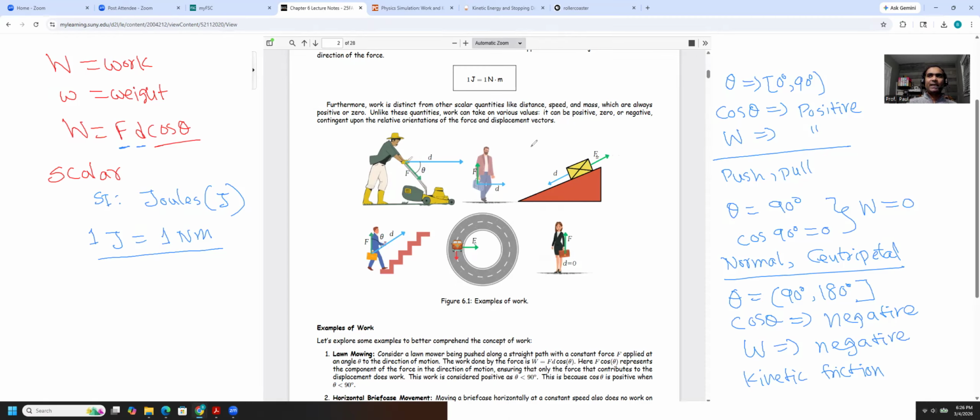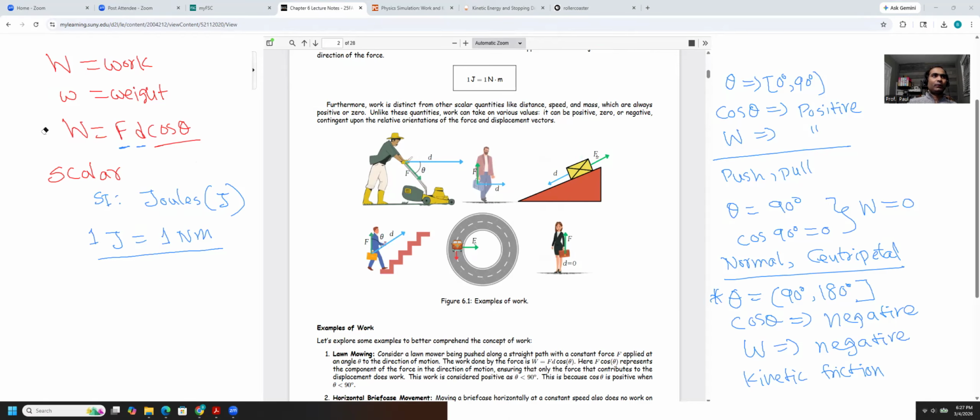So that means this angle is 180 degrees, right? 180 degrees. So this is this category, right? And cosine 180 degrees is exactly negative one. So kinetic friction does negative work. Okay.